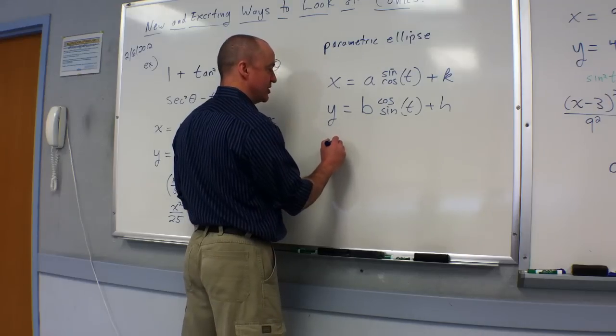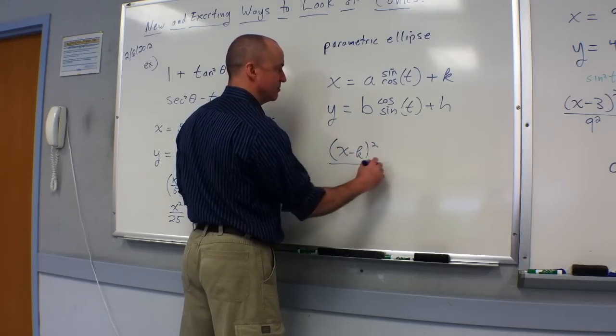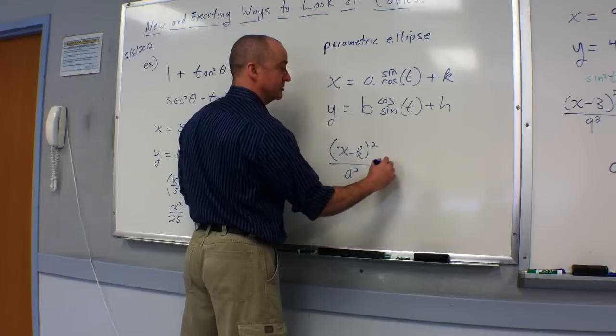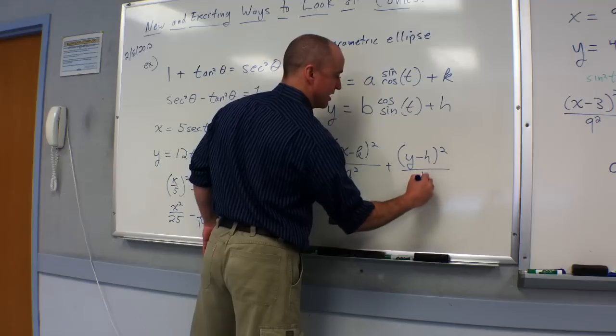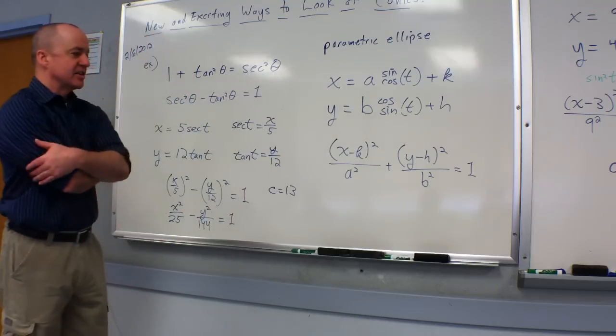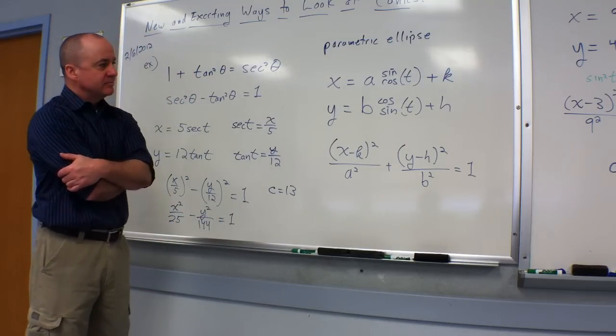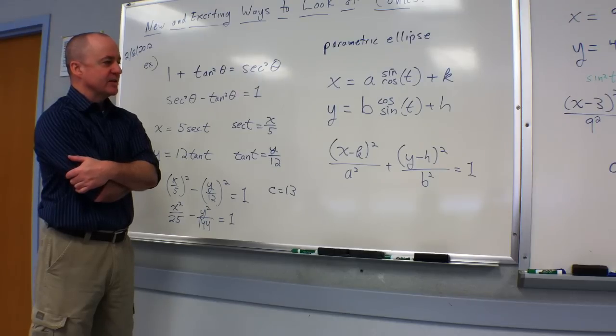And then this will switch to (x minus k) squared over a squared plus (y minus h) squared over b squared equals 1. So I've used a, b, k, and h consistently with what we did last week. That's for a parametric ellipse.